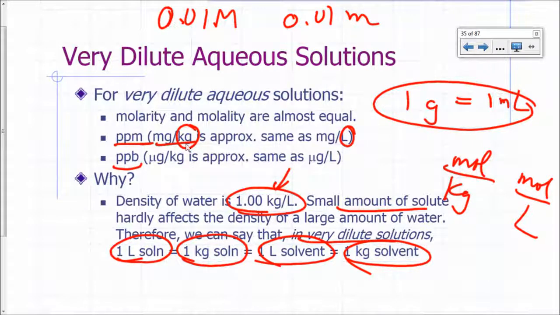What I meant to say is milligrams of solute per kilogram of solution would be essentially the same as milligrams of solute per liter of solution. Okay? So milligrams per kilogram will essentially be the same as milligrams per liter. So that's why sometimes you see ppm shown as milligrams per liter. Because typically when you use ppm, you're dealing with very dilute solutions. Same thing with ppb.